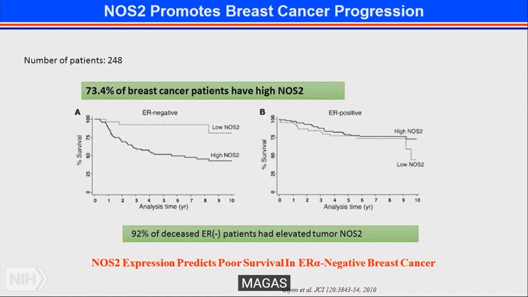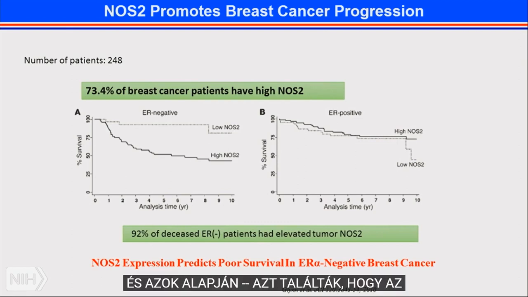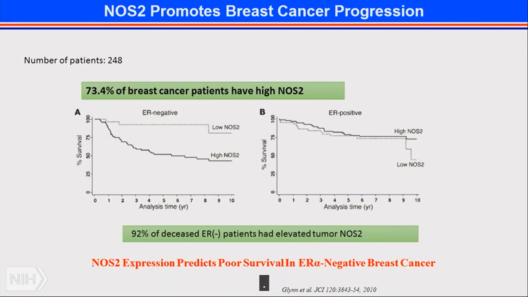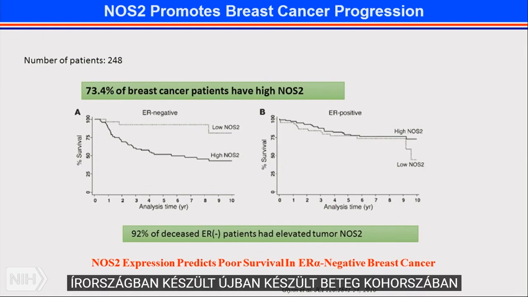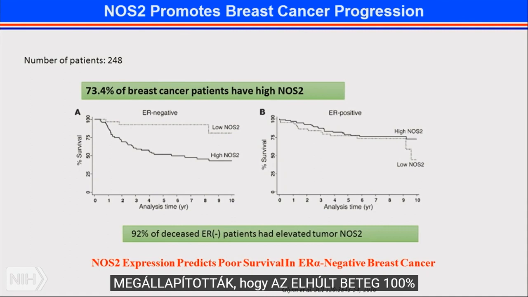When she plotted them based on their ER status, we found that ER negative patients show poor survival when NOS2 is high. 92% of deceased ER negative patients had high NOS2. And in a recent patient cohort done in Ireland, it has been found that 100% of the deceased patients had high NOS2.